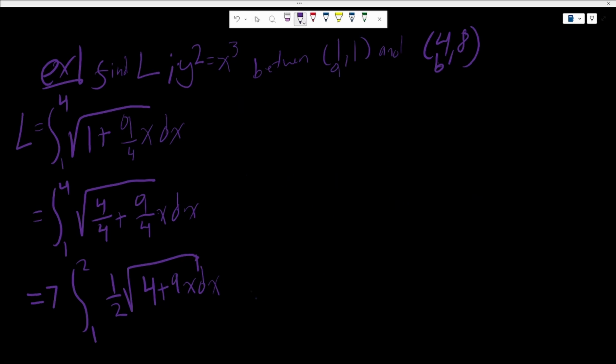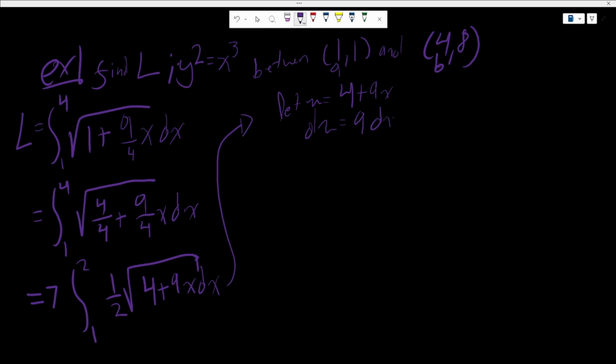And from here, now we can just use our u substitution to evaluate the integral. So if we let u equal to 4 plus 9x, the derivative of u is going to be equal to 9. 4 is just a constant, so it doesn't go into anything when we take our derivative, and 9x, using the power rule, just becomes 9.